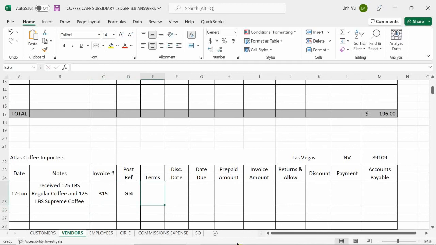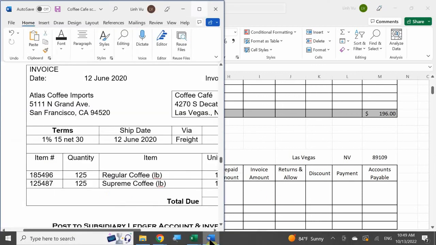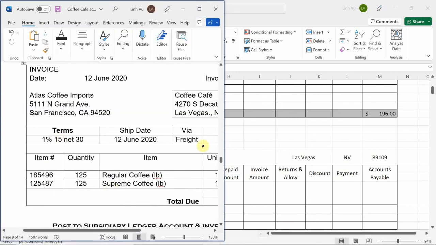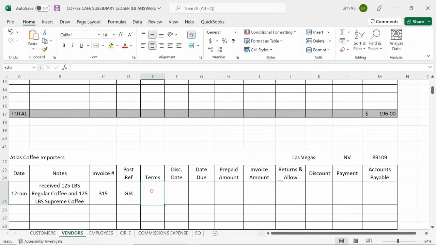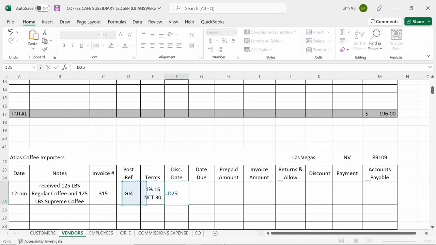What were the terms that they gave me? 1% at 15 and net 30. So 1%, 15, net 30. So that means they gave me a discount opportunity. So if I receive this on the 12th, when is the last day that I can receive my discount?